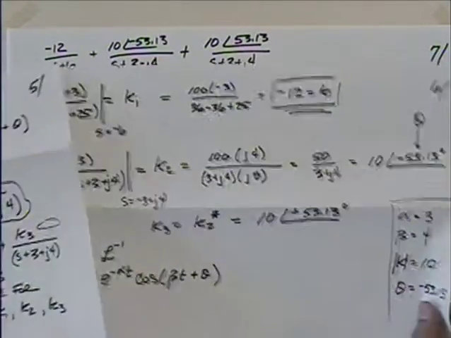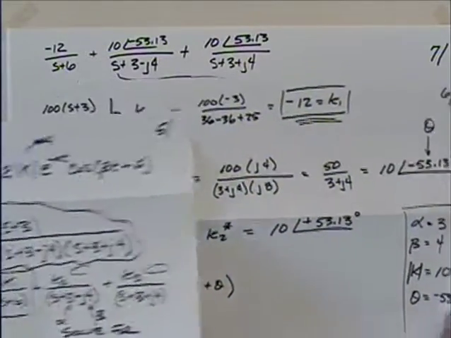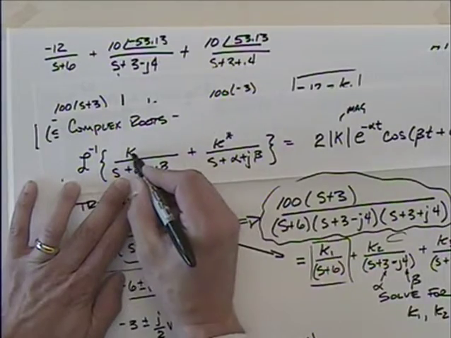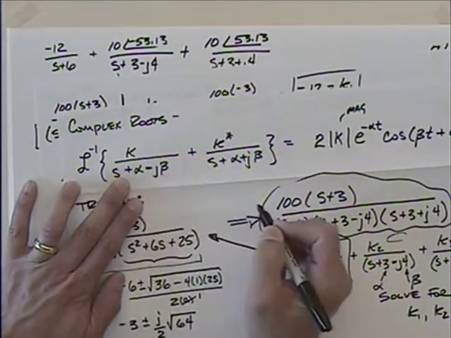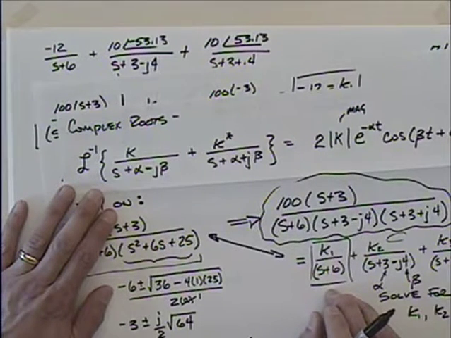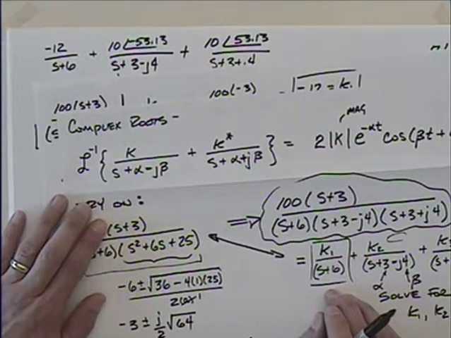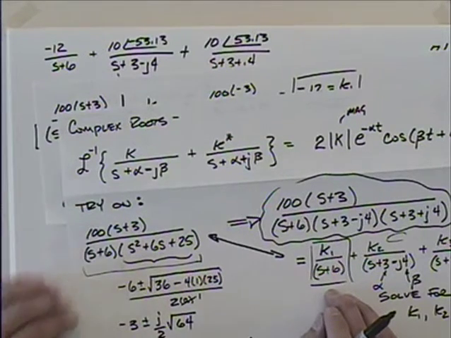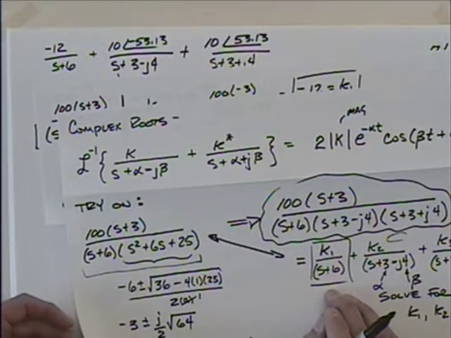I mean, it's pretty well prescribed what we have to do on this right here. So this is what the form is. The first one with the K is the minus beta, and the conjugate is the plus. So I don't have a lot of latitude in that. So I want to follow that form pretty carefully. So we're always going to take that angle from the negative j beta side.